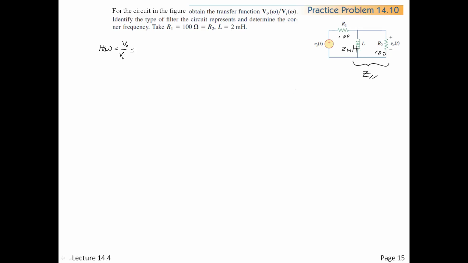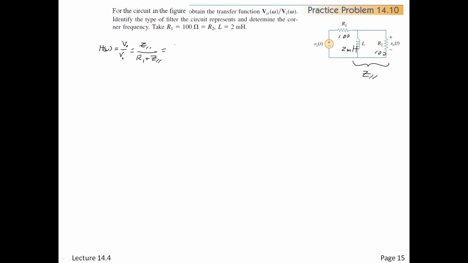And then we're going to have a voltage divider between R1 and Z of the parallel combination. So I'm just going to write that as Z of the parallel divided by R1 plus Z of the parallel. That's going to be our eventual transfer function.